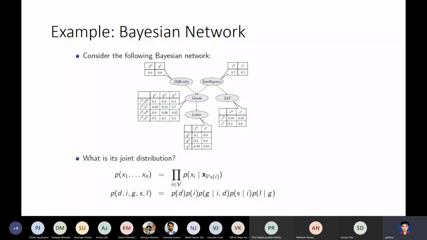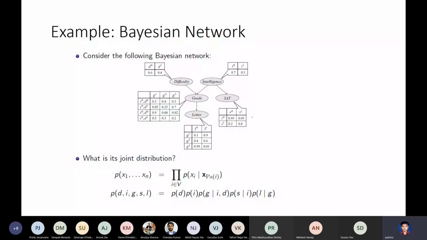Now, we have already discussed conditional probabilities. For every node in this graph, I annotate or attach something called a CPD or CPT, conditional probability table.